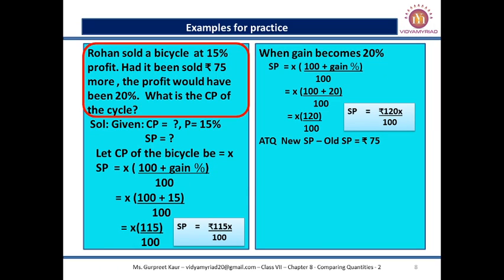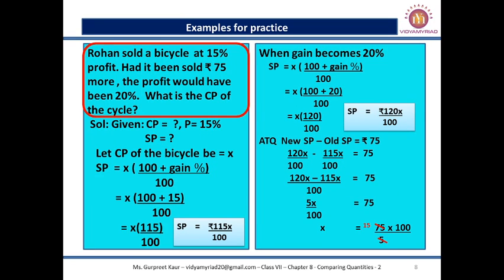Now, according to the question, when the cycle was sold at 15% and when it was sold at 20%, there is a difference of 75 rupees. So new selling price minus old selling price is equal to 75 rupees. When I solve this, I can find the value of x. So x comes out to be 1500. And what is my x? Cost price. Cost price is 1500.